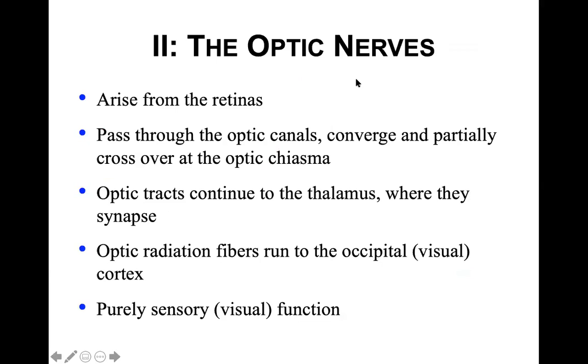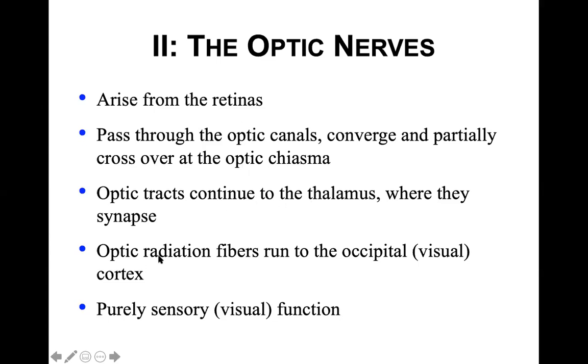The optic nerve, number 2, arises from the retinas of the eye. This will pass through the optic canals, which will converge and partially cross over at the optic chiasm. The crossing over will actually flip and rotate the image that it's sending to the brain. The optic tracts continue to the thalamus, where they will synapse.